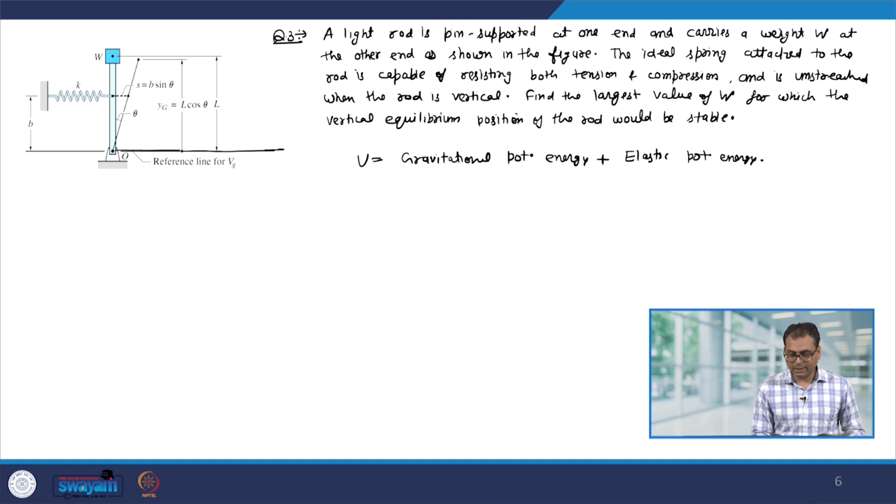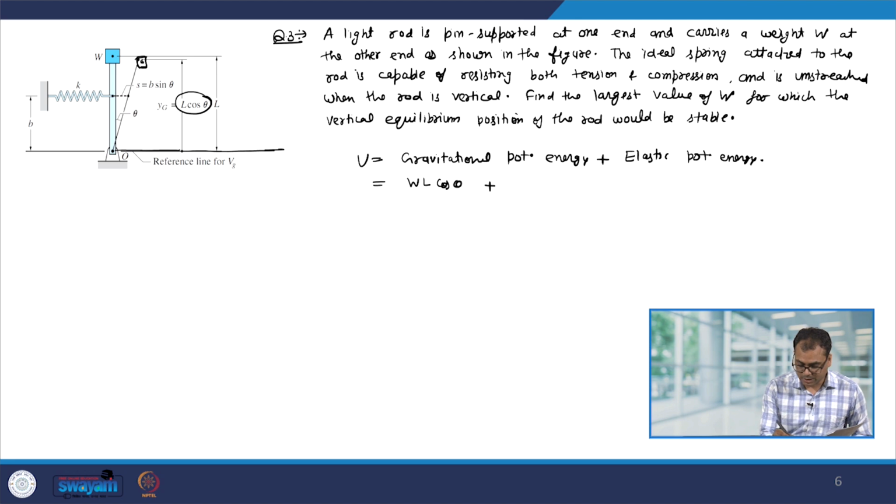Now, from the geometry you can see that the gravitational potential energy is WL cos theta, because in this situation the height of the weight W is L cos theta, plus the elastic potential energy. For that I have to find out how much the spring has stretched.